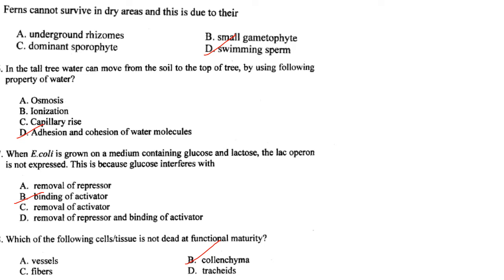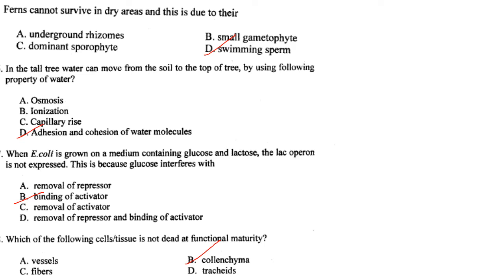The next one. When E. coli is grown in a medium containing glucose and lactose, the Lac Operon is not expressed. This is because glucose interferes with... So low level transcription of the Lac Operon occurs when glucose is present and lactose is present.